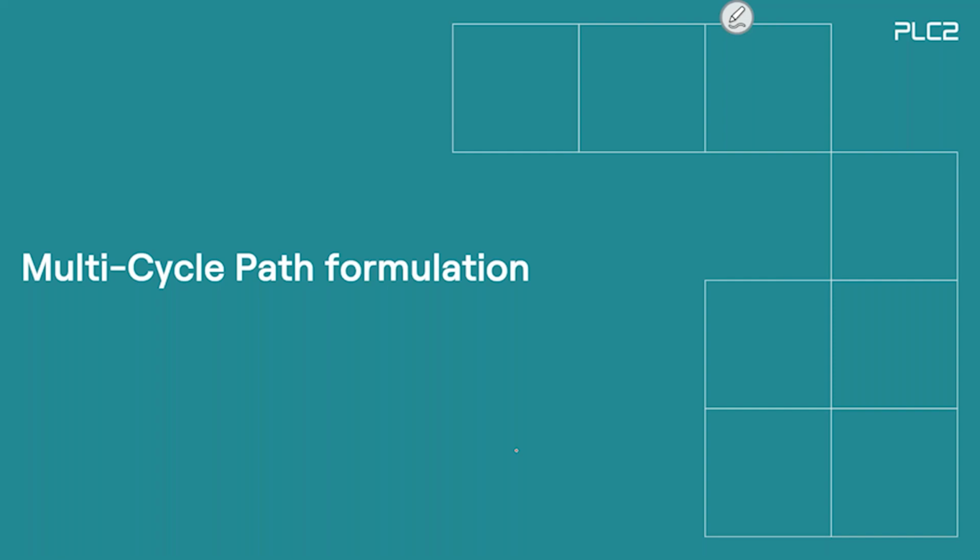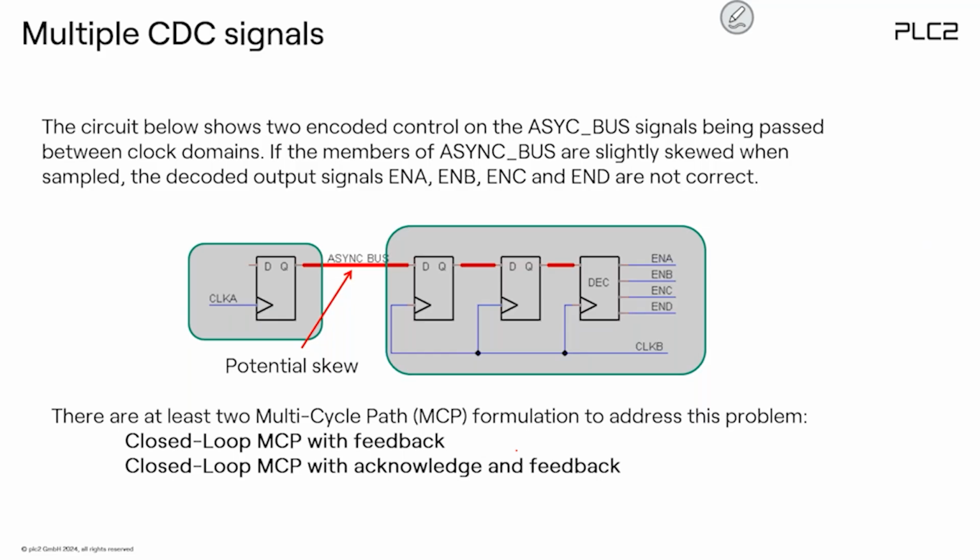Or we do a multi-cycle formulation. What I did was something like this: I used clock A and clock B, and I think it was 2 bits. I just used 2 bits here and transferred this, but I used a single-bit synchronization. This is actually an error, because this is not a single bit, this is 2 bits.